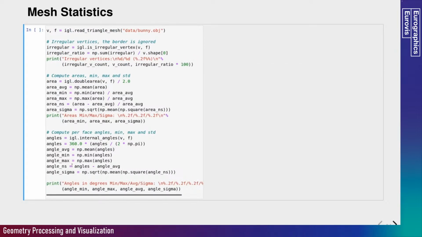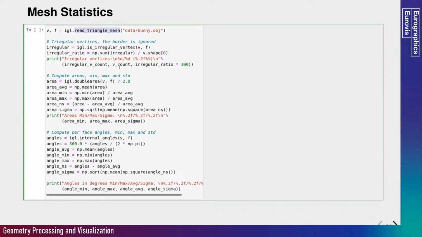Besides the visualization of geometry, it might also be interesting to get some statistics about your geometry or meshes, and this can also be done with libIGL. So if we read, for example, the bunny model again, we can then look into how many vertices are regular and how many irregular.